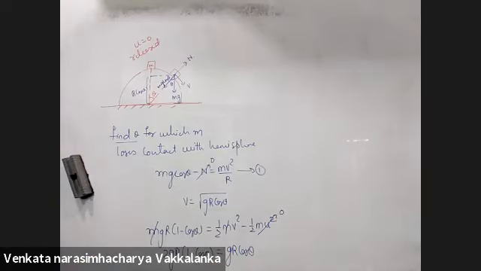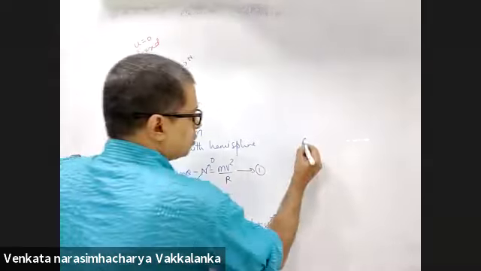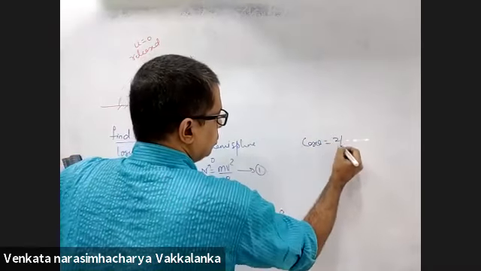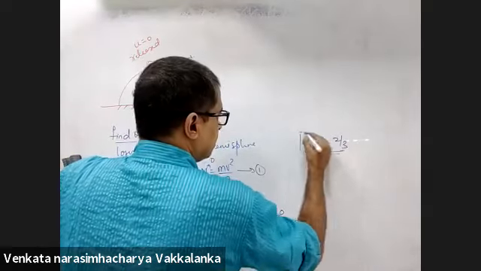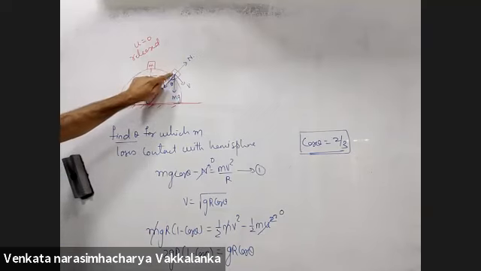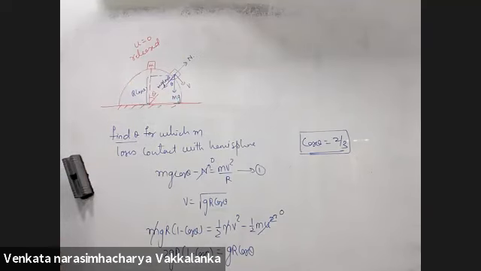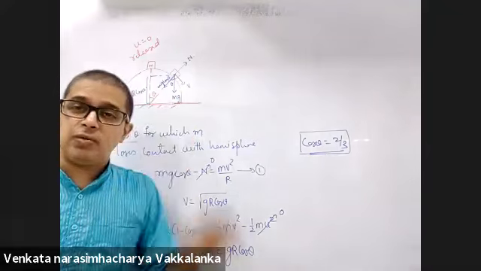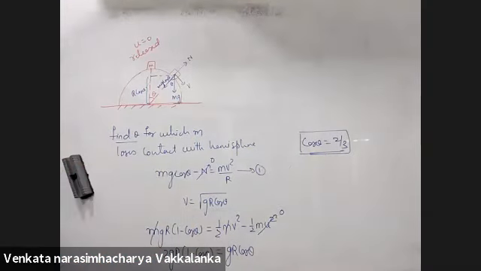Am I good with that? So cos theta will turn out to be 2 by 3. That is the angle to which it will slip before losing contact with the hemisphere, provided initial velocity is 0.